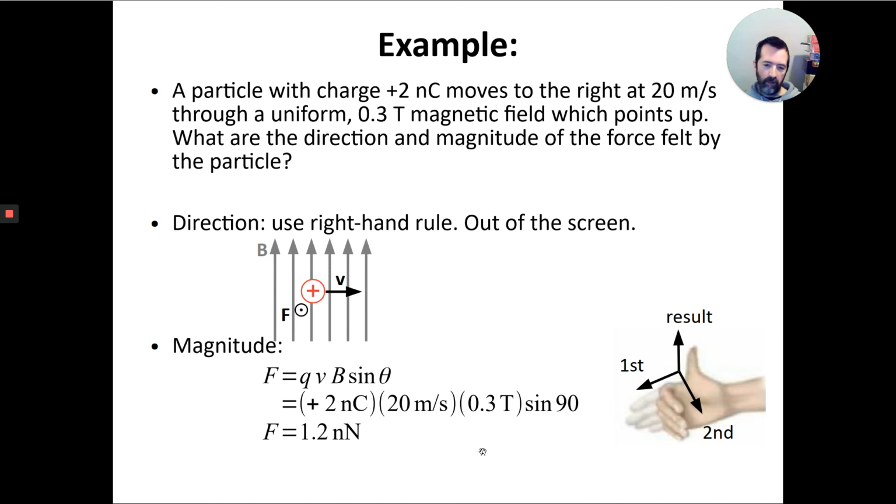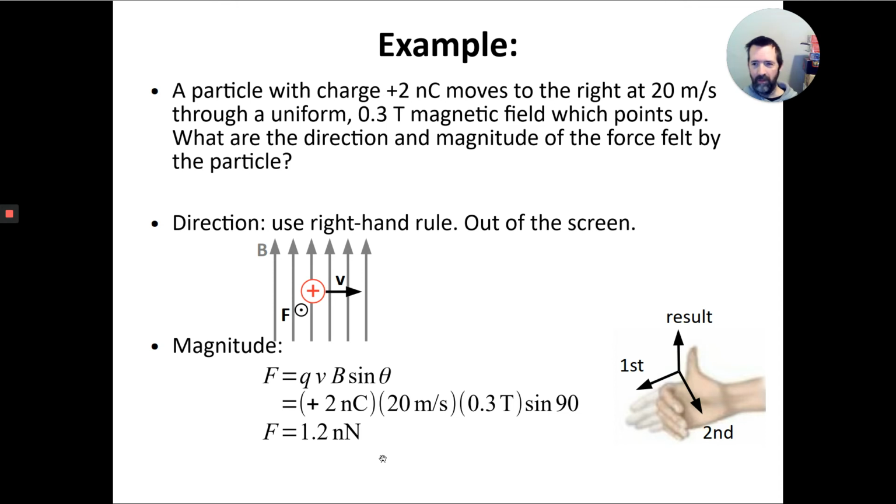As long as there's only one number that has a prefix on it, you don't have to convert it. Notice that the teslas were just regular teslas, meters per second, just regular meters per second. So the nano on this coulomb here just sort of carries through to the end.